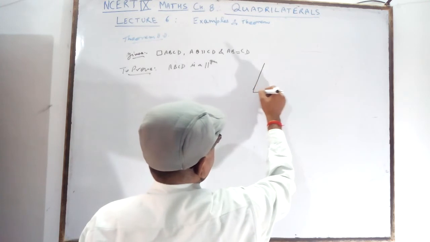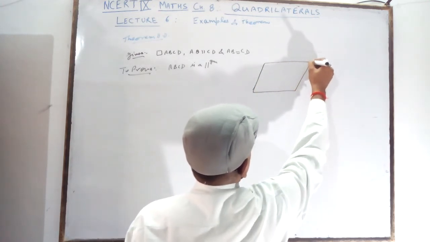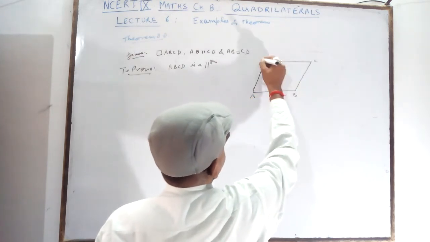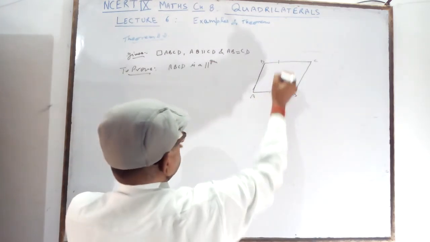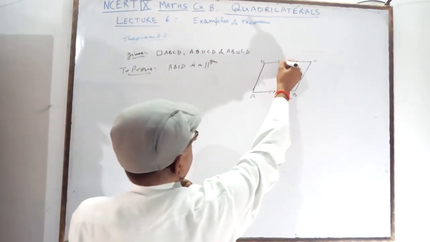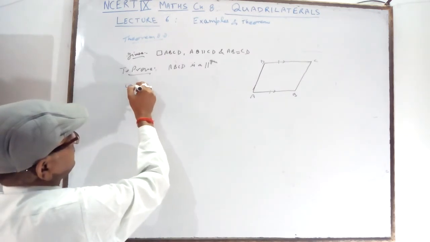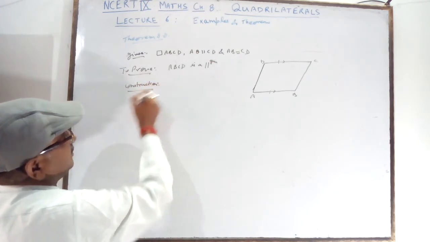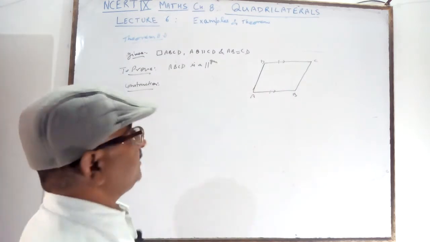In the figure, this side is equal to this side and this side is parallel to this side. Construction we will do. Only one pair gives you a parallelogram, equal and parallel both.